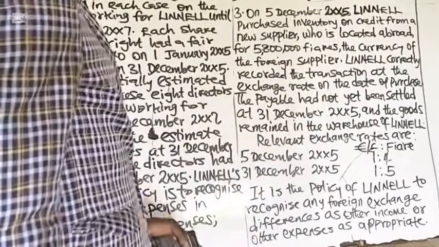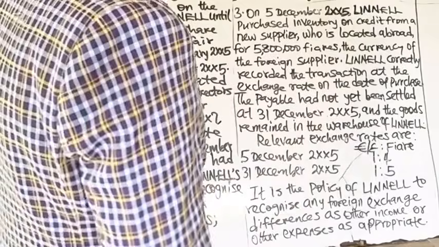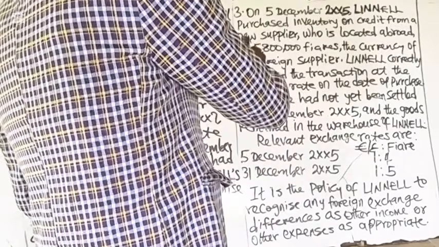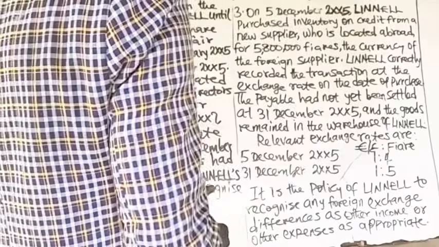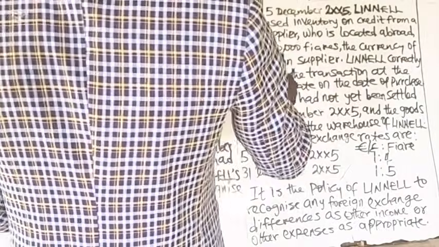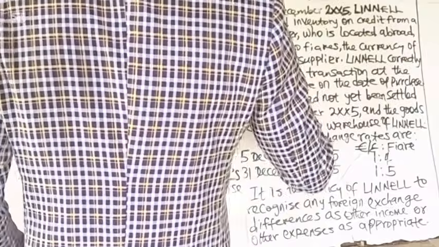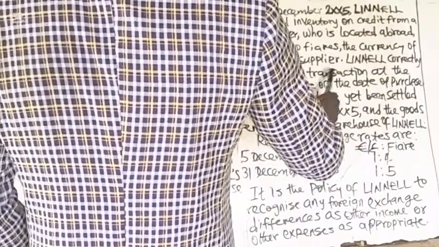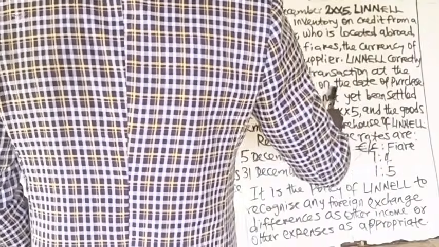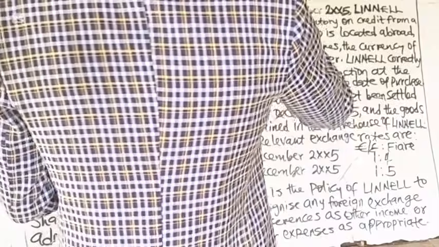Note 3. On 5th of December 2005, Linen purchased inventory on credit from a new supplier who is located abroad for 5.8 million fiaris. The currency of the foreign supplier. Linen correctly recorded the transaction at the exchange rate on the date of purchase. Note the date of purchase is 5th of December.